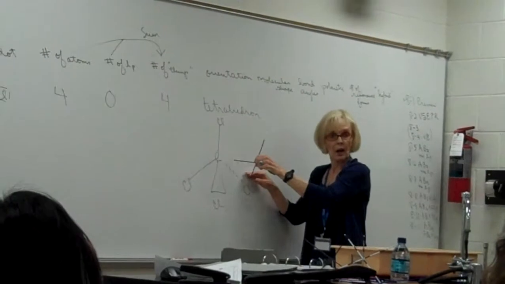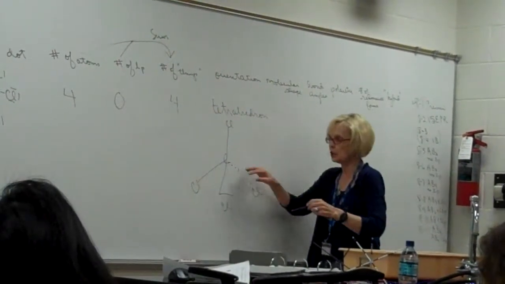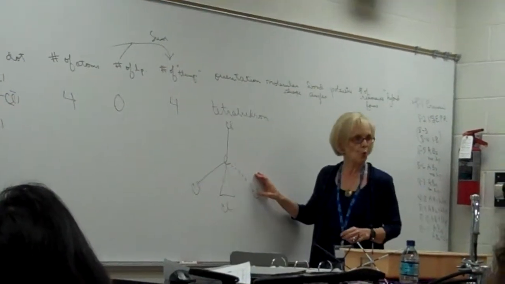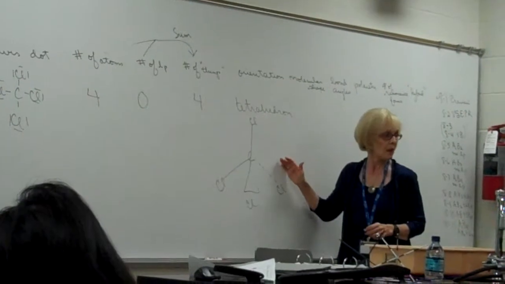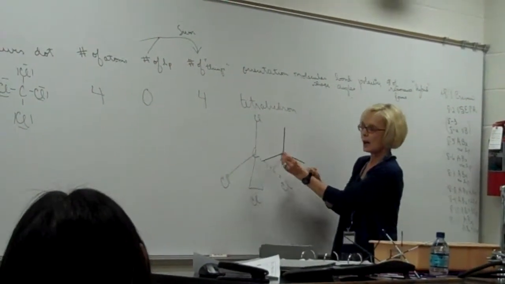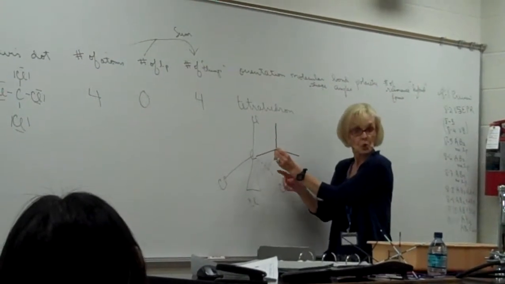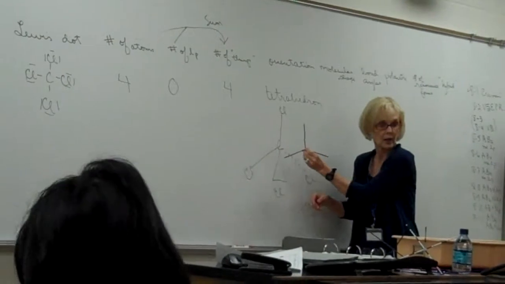A dotted line is going back behind the plane of the board. Now in your book, they do a reverse wedge, and I think that's real confusing. This is bad enough. So if it's going back behind, it's going to be a dotted line. So that's what I'm trying to draw. I hope you have more artistic talent than I.